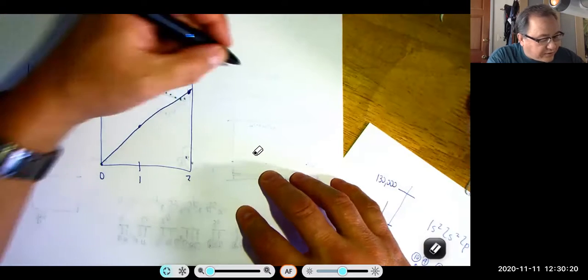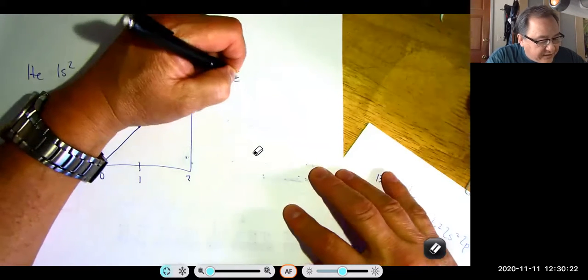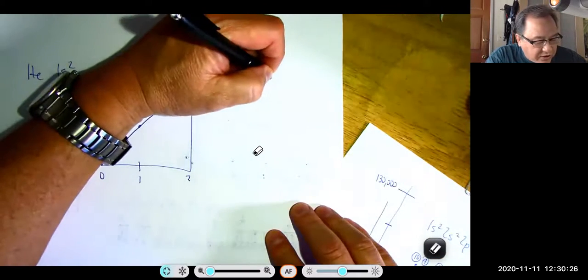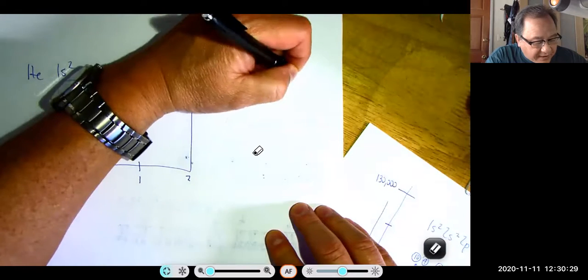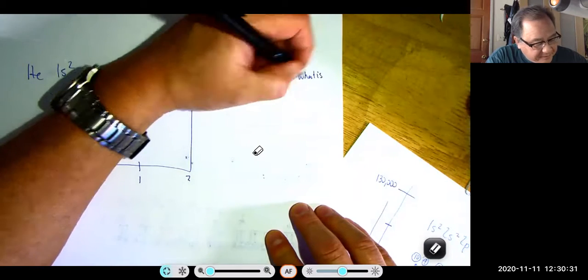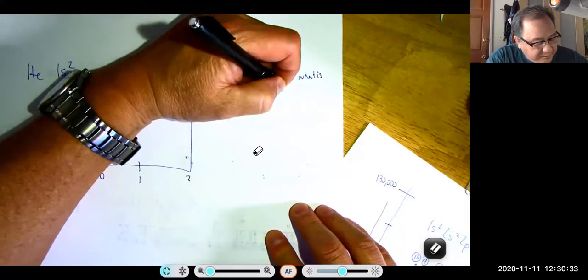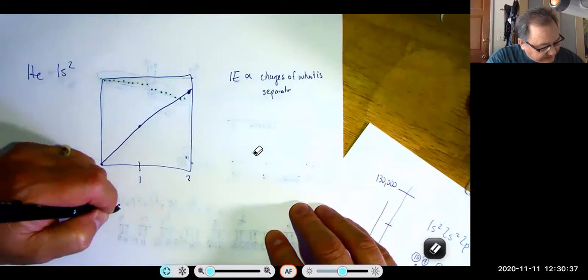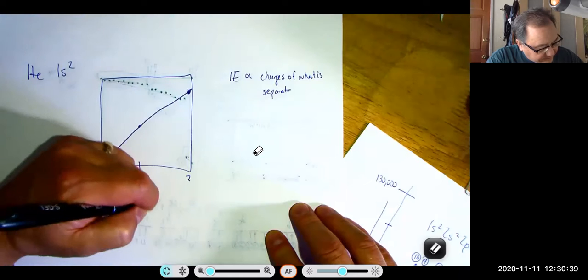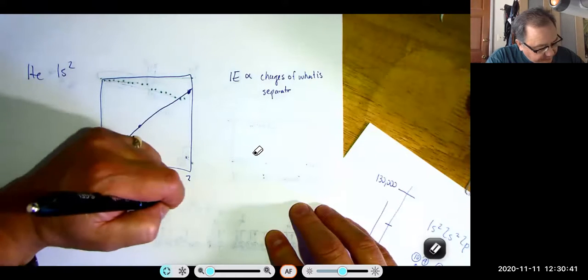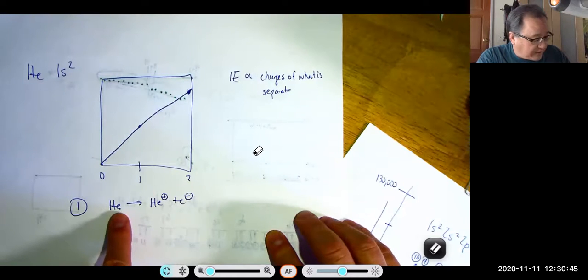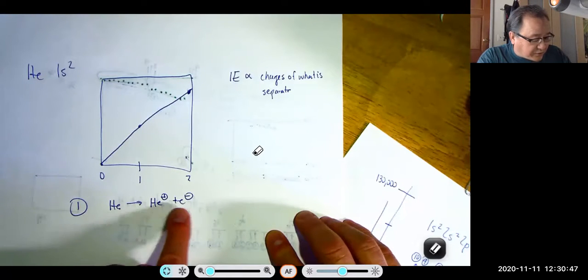And here's the deal. When you look at the energy, roughly speaking, it's proportional to the charges of what is separating. So for number 1, the very first one, you're taking it from a neutral helium atom, and you end up with a +1 and a -1, right?